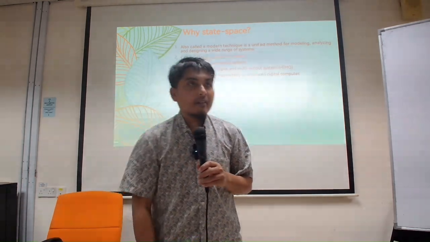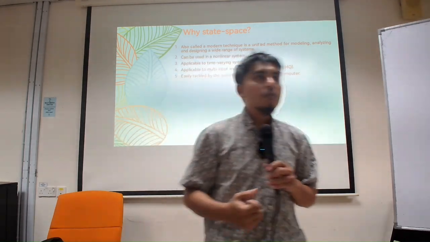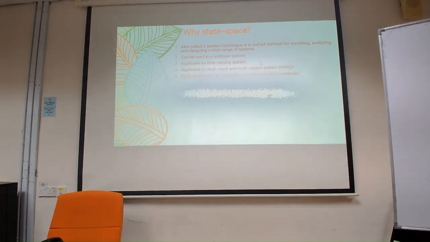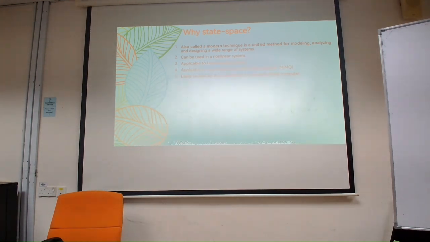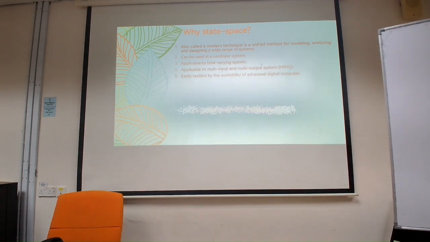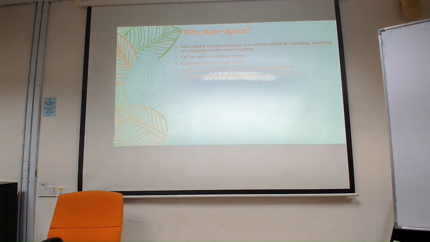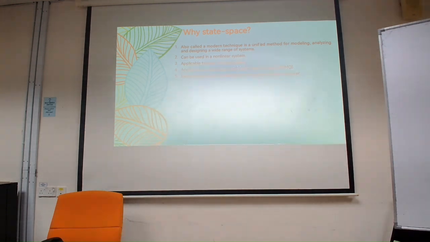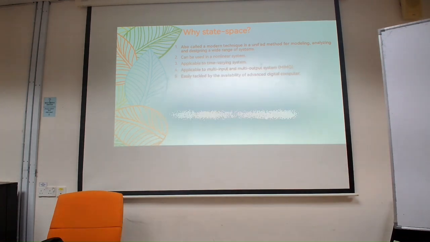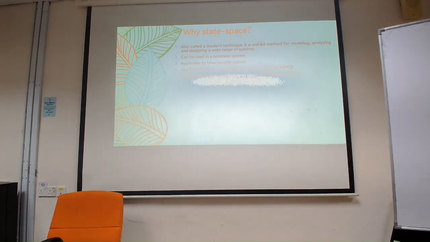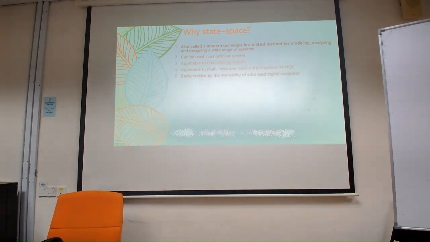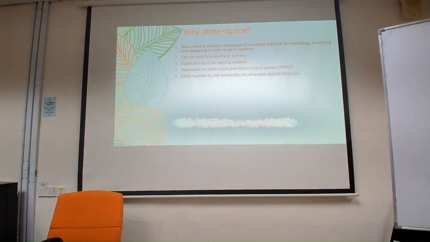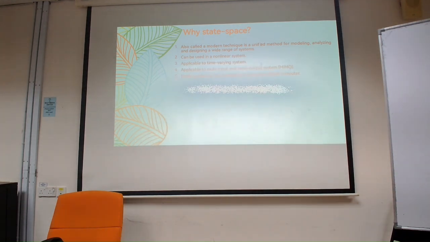So why state space? Why do we call control 2 modern control? Because it is a modern technique, a unified method for modeling, analyzing, and designing a wide range of systems. What you have learned so far is single input single output, or single input multiple output, in control 1.